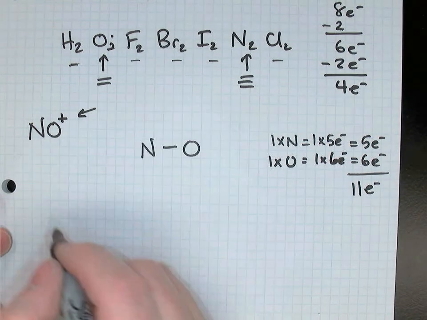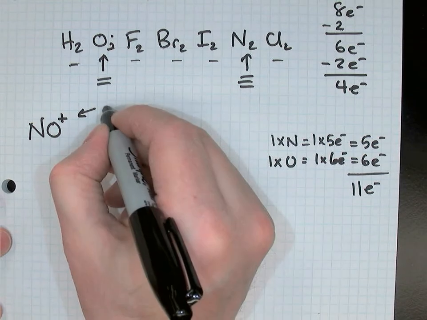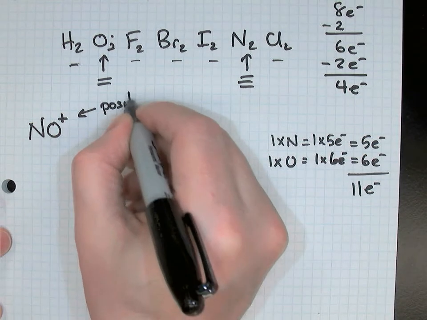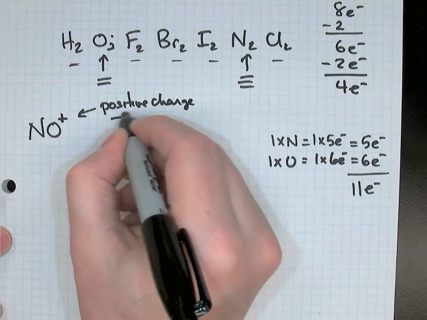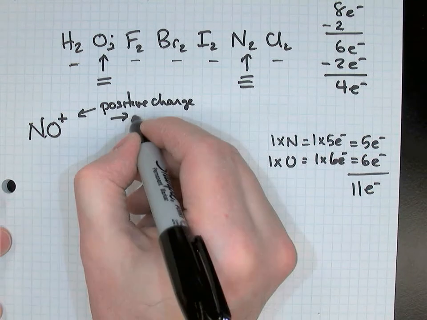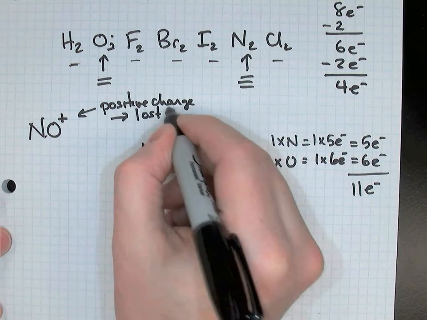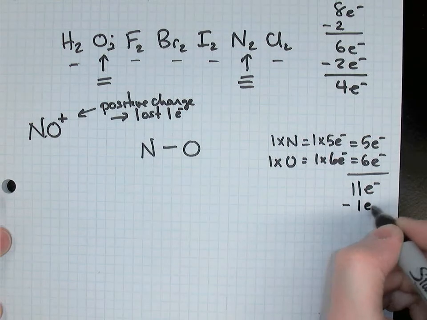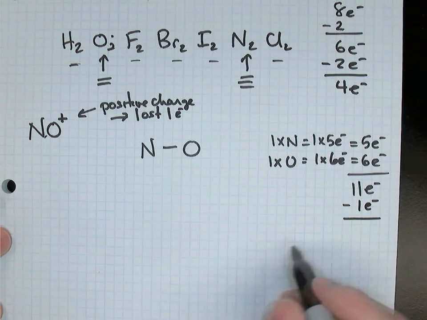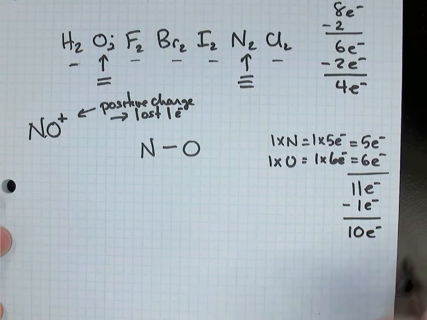The positive charge means losing electrons. In this case, we've lost 1 electron. So what I'm going to do here is take away 1 electron because of that positive charge, we have just 10 electrons left.